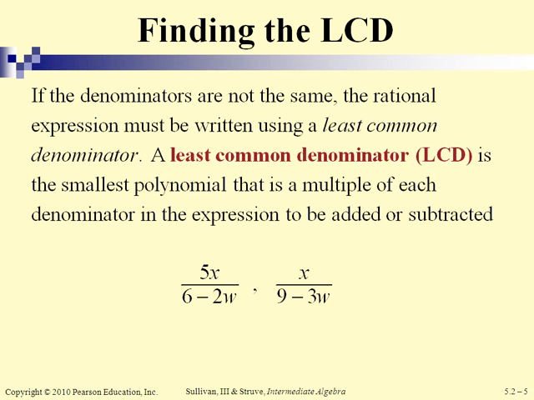The first expression, you can factor as 2 times 3 minus w. The second one, 3 times 3 minus w. So what is the LCD? 6 times 3 minus w. Yes, 2 times 3 times 3 minus w.